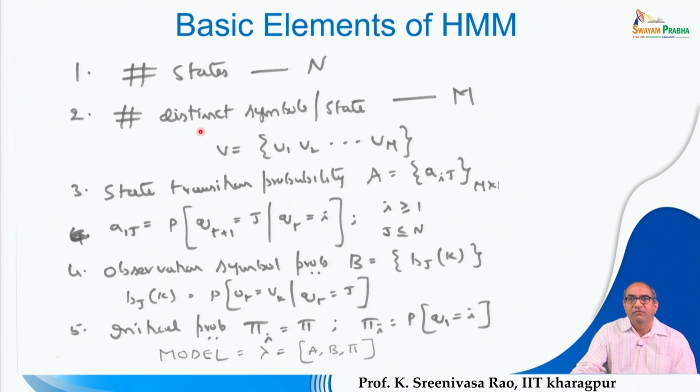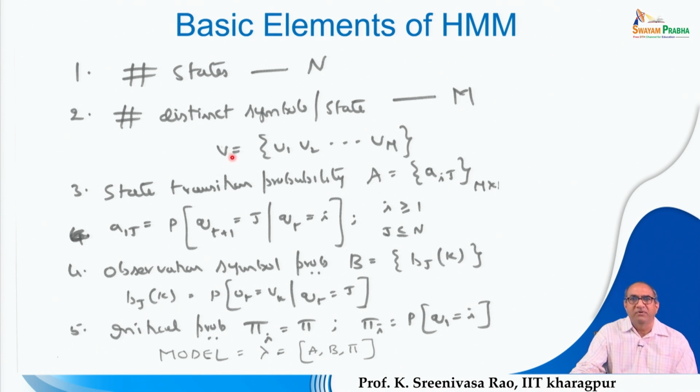Depending upon the size of the vector quantization or code book size, the number of symbols is defined. Suppose the code book size equals 1024, then the number of distinct symbols is capital M equals 1024, or if the code book size equals 128, then M equals 128. So the number of states and the number of distinct symbols per state are required.